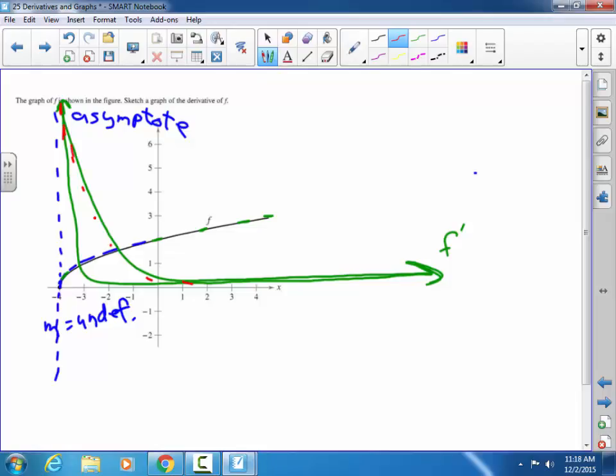How would you describe this here? Is it a large or small number in magnitude? Way up here. Very large. So we're going to start off being somewhere down here. And what happens the further along the x-axis we go? It gets closer and closer to 0. So what does the second derivative look like? The second derivative looks something like this.